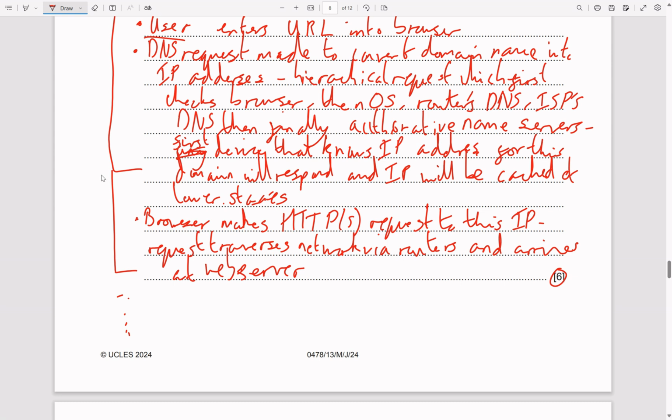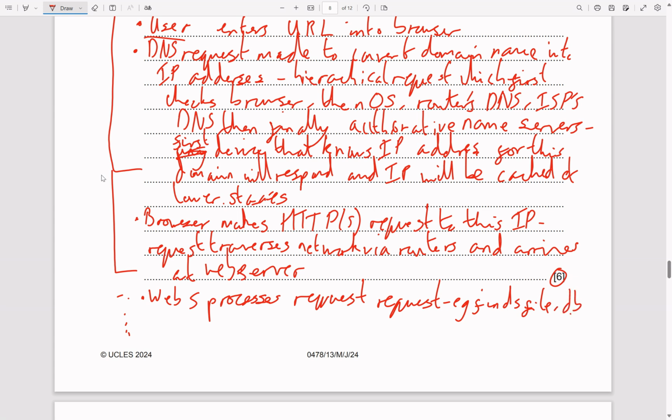Right, so it's arrived at the web server. Then we can say web server processes request. And we could give an example, e.g. finds file, maybe database request.